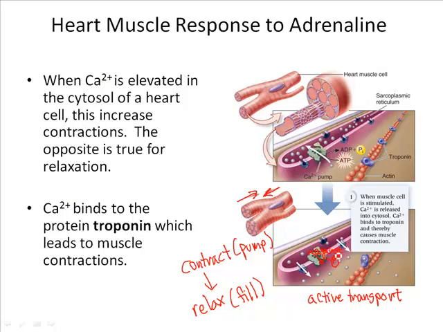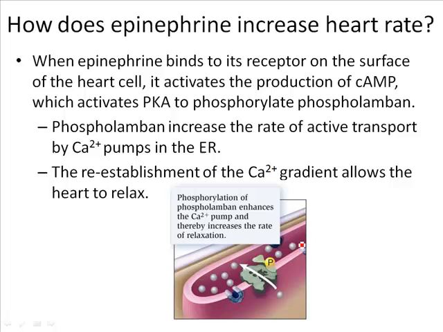So how in the world can we regulate this calcium pump in response to adrenaline? Here it is again, our favorite, cyclic AMP can help. So when epinephrine binds to the receptor on the surface through another series of events, cyclic AMP levels increase, which results in the activation of PKA.